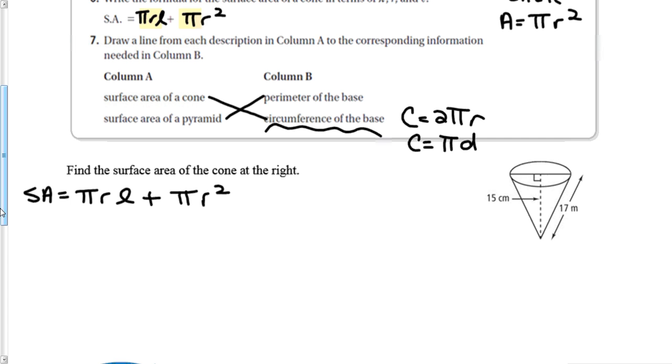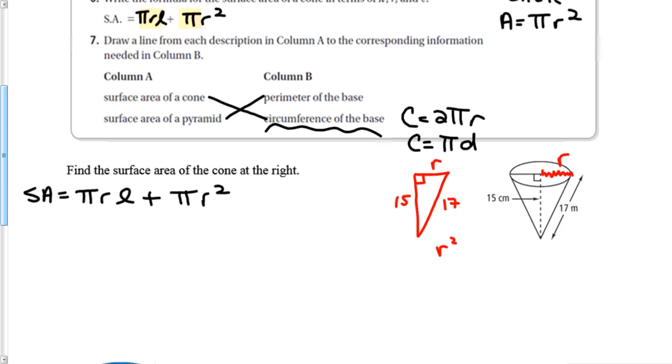So let's go through and identify what we have and what we don't have. First thing I need is r. So I go look at my picture, and my r is that thing right there. My cone's upside down, but that's my r, and I don't have my r. So I need to use the Pythagorean theorem, and the triangle that I have is actually this one. 15 is straight up and down, and 17 is the slant height, which means 17 is my c, or my hypotenuse.